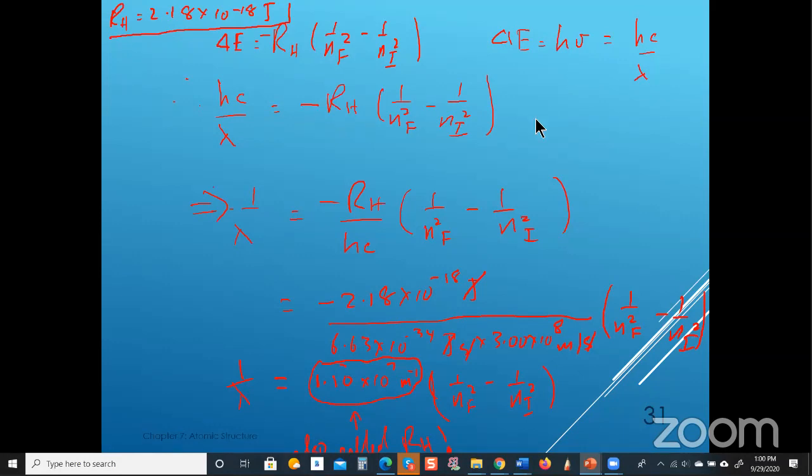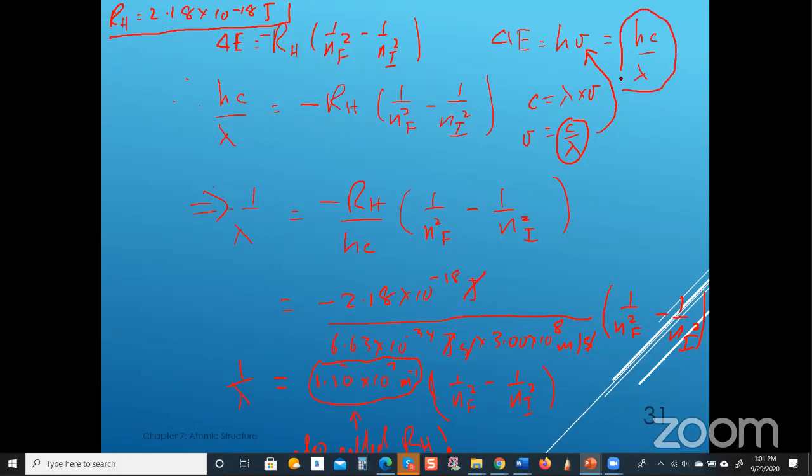because remember we said that c is equal to lambda times nu. So therefore, nu is equal to c over lambda. So we're putting c over lambda where nu is, and that's how we get this expression right here.